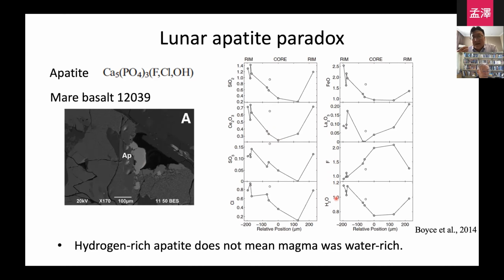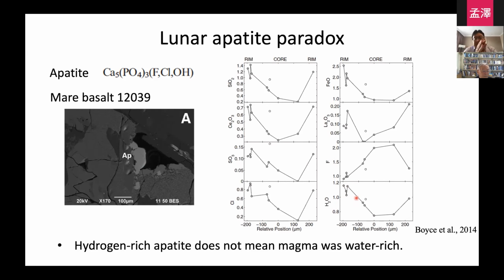Basically, the apatite first incorporates fluorine, and as the crystallization proceeds, the water to fluorine ratio increases. That's why at the apatite rim we can see high water content.